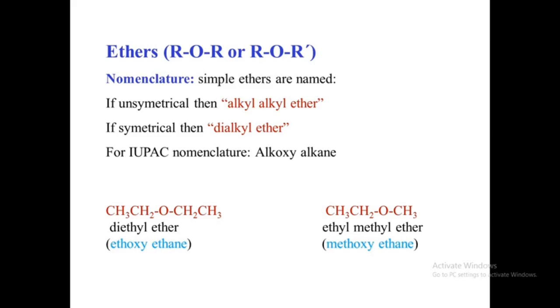Then let us discuss nomenclature of ethers. Simple ethers are named as alkyl alkyl ether if the ether is unsymmetrical, and if the ether is symmetrical, then it is named as dialkyl ether. Symmetrical ether means both the alkyl groups on both sides of oxygen are the same, and unsymmetrical ethers are those where the alkyl groups are different.